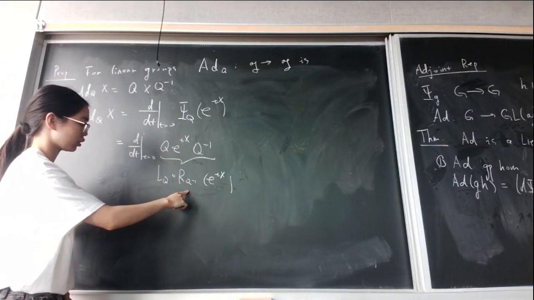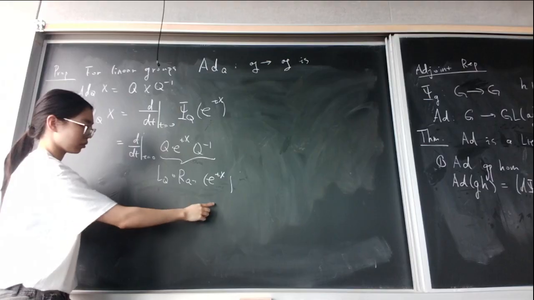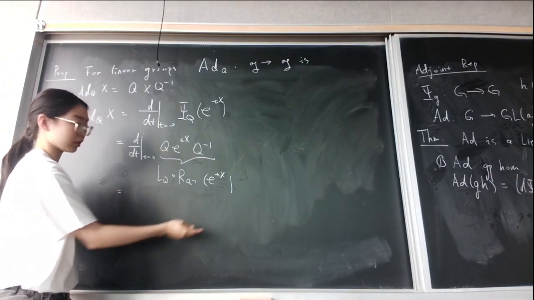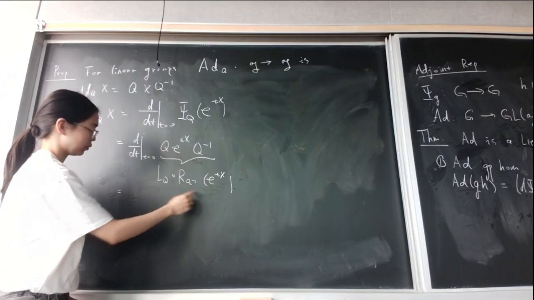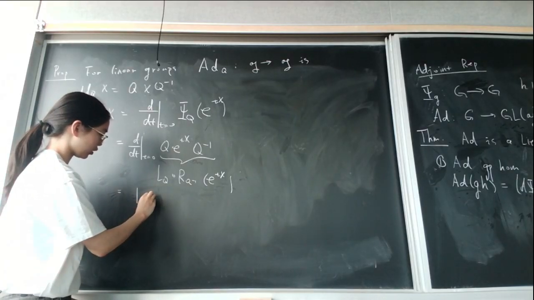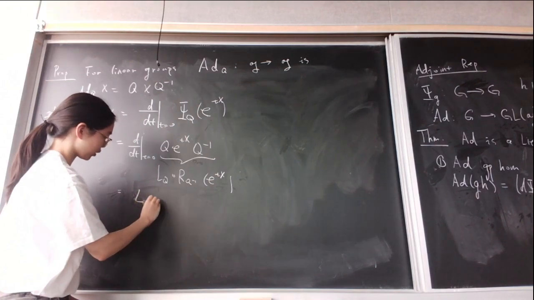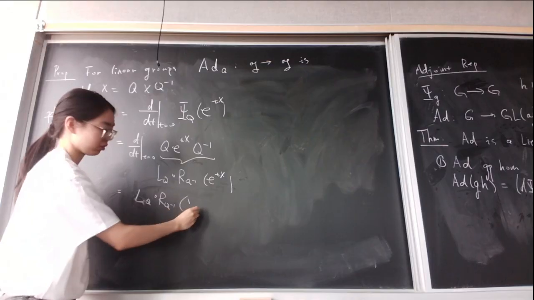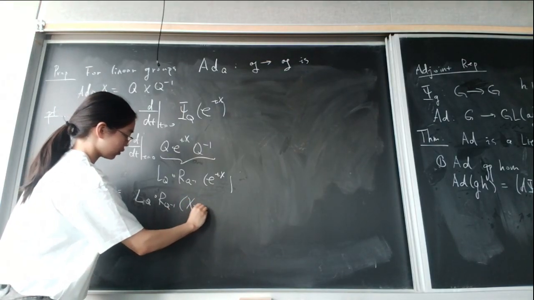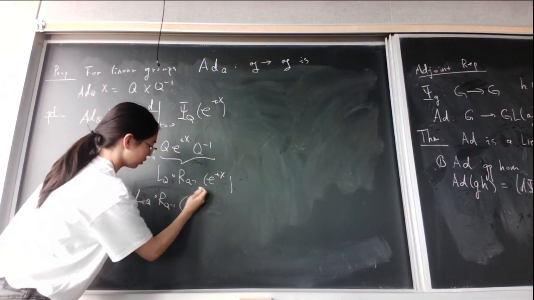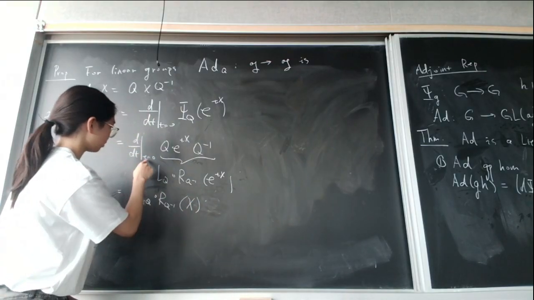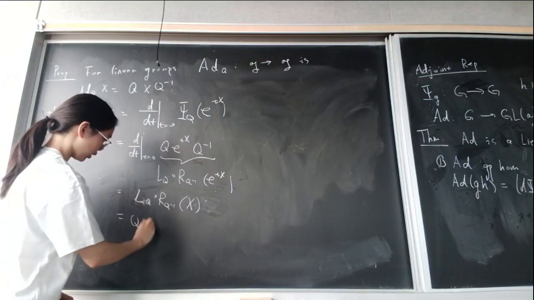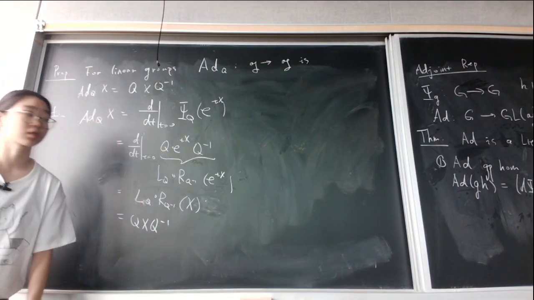They are both linear, so when you apply the chain rule you get themselves. So you get left multiplication by q composed with right multiplication by q inverse applied to the derivative of this, which is x e to the tx. Sorry, it's just x because we are taking it at t equals 0, which is just q x q inverse.